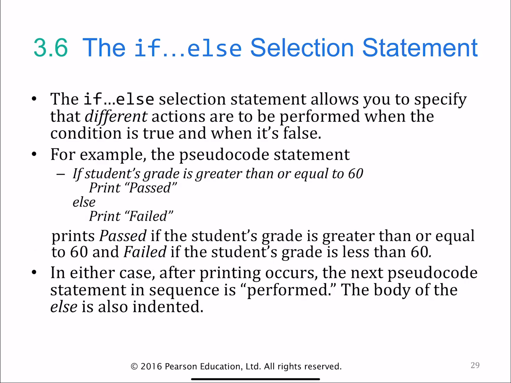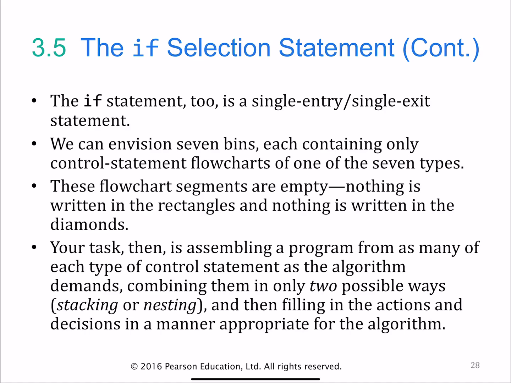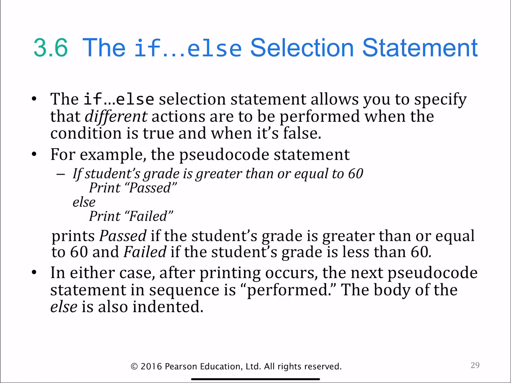All right. Now, one step up from that is this example over here, this algorithm. It's slightly bigger, and what we want to do here is if the student's grade is greater than or equal to 60, we want to print the message passed.